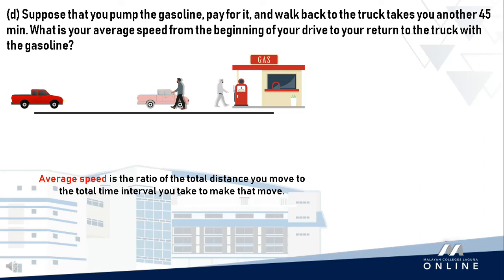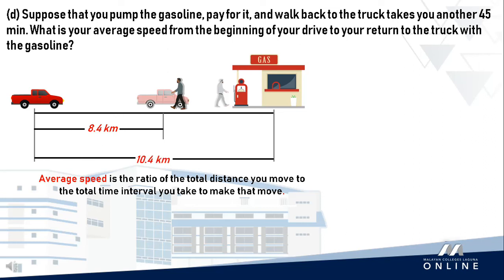To get this, we will find first the total distance from the beginning of your drive, which is 8.4 kilometers. Then you walk 2 kilometers and finally go back 2 kilometers, so your total travel distance is 12.4 kilometers.